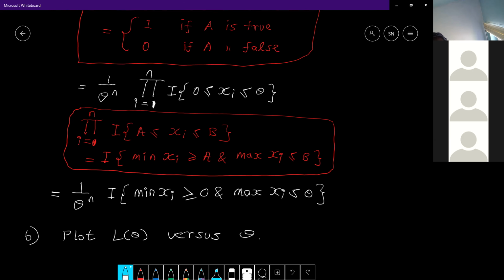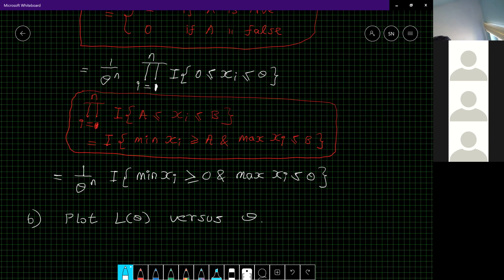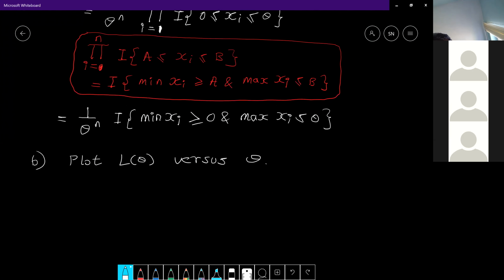So if you plot this as a function of theta, I'm not good at drawing, but let me try my best. Suppose this is the theta axis, and this is the L of theta axis. I want to plot L of theta versus theta.